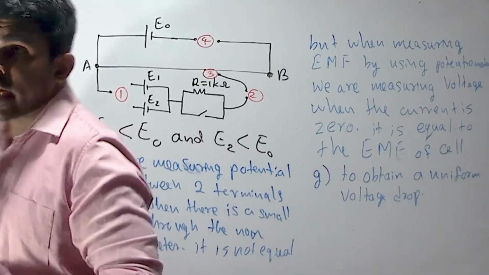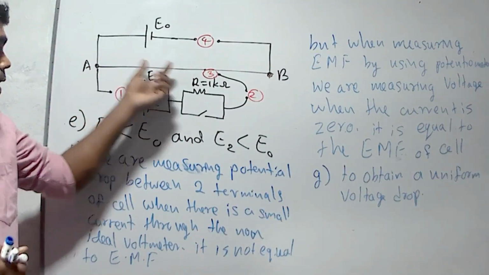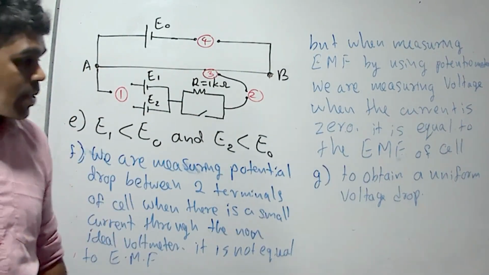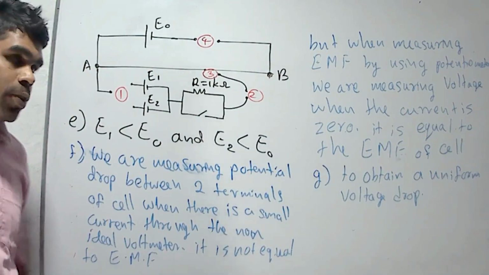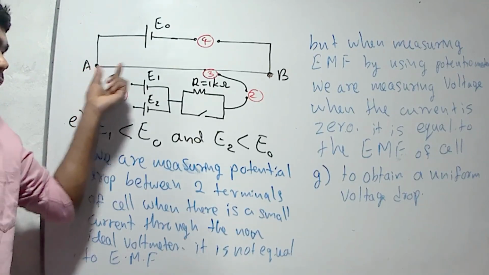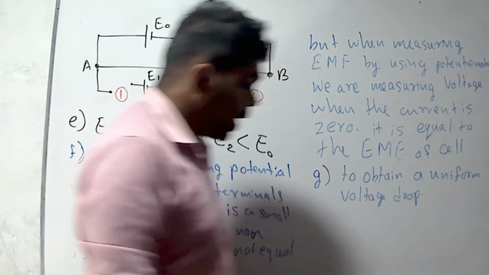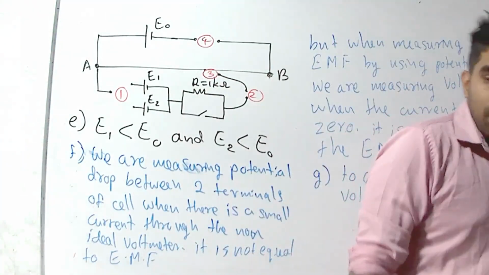If the cross-sectional area is changing along the AB wire, there is no uniform voltage drop. The voltage drop is changing with the corresponding cross-sectional area of the wire.